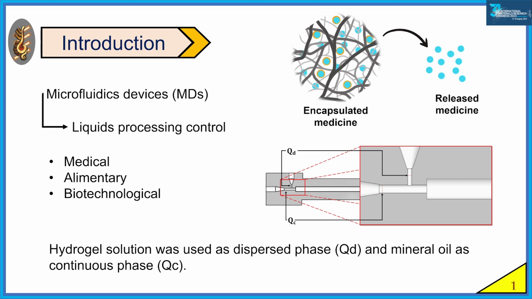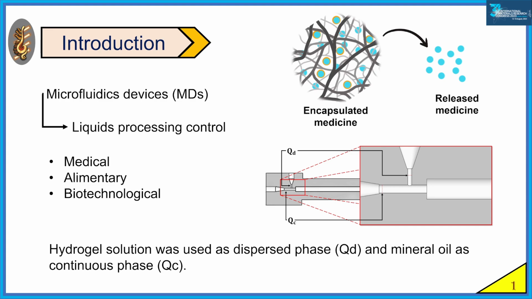In this study, a T-junction microfluid device was used to generate microparticles and evaluate the effect of injection flow on their size distribution. Hydrogel solution was used as disperse phase and mineral oil as continuous phase.